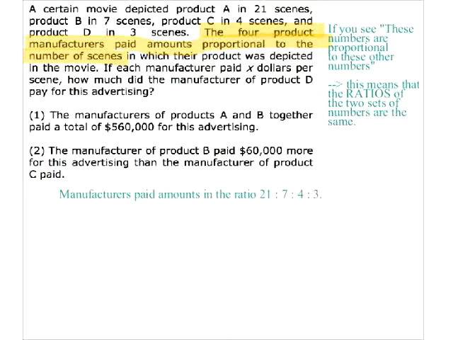The question is, how do we assign variables here? Any ideas? What do you do when you have amounts in a ratio where you don't know what the amounts are, but you know what the ratio is? How many variables do we need? Let's put it that way.